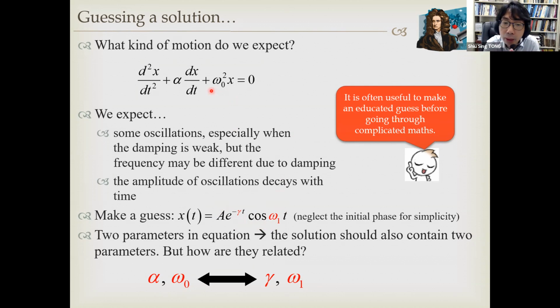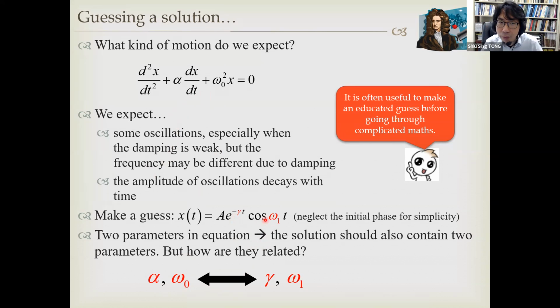Now, we notice that we have introduced two new constants. The first constant is gamma, which characterizes the rate at which the amplitude decreases. The second constant is the new frequency of oscillation, which we call omega 1. They are new constants proposed by us. They do not exist in the equation of motion.